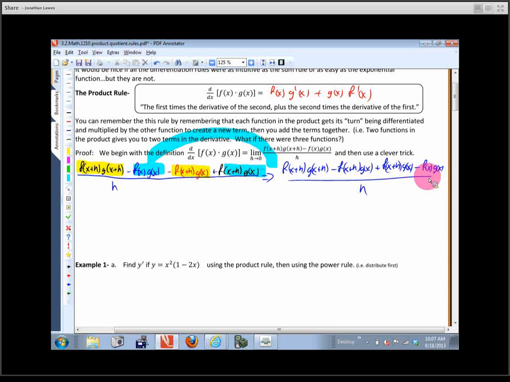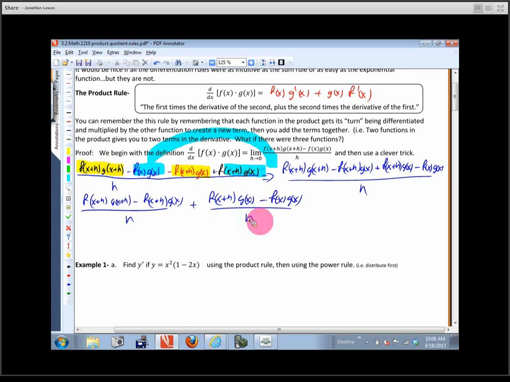So I'm going to rewrite this now as f of x plus h, g of x plus h, minus f of x plus h, g of x all over h, and then I'm going to write plus f of x plus h, g of x minus f of x, g of x all over h.